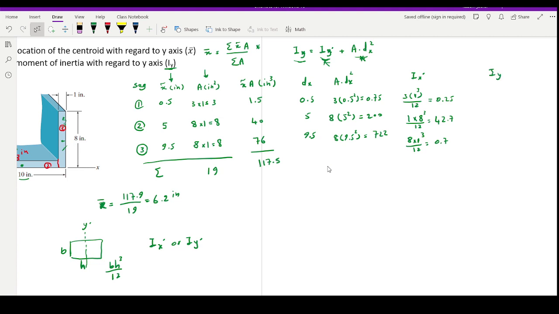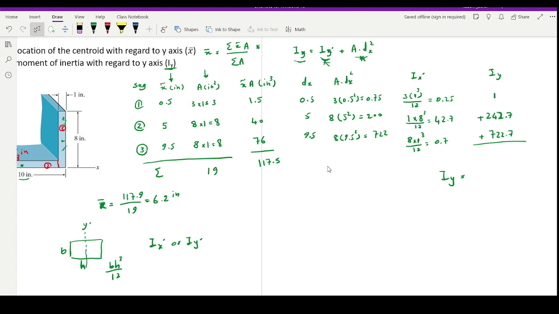So 0.75 plus 0.25 is going to be 1. 200 plus 42.7 is going to be 242.7, and 722.7 is the third one. And the total Iy is the sum of these guys, and it's going to be 722.7 plus 242.7 plus 1.